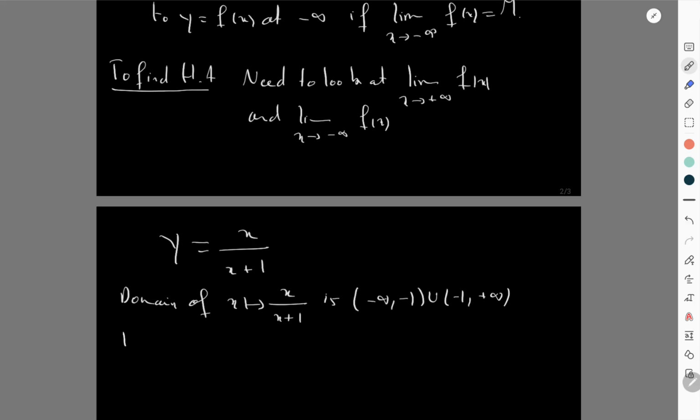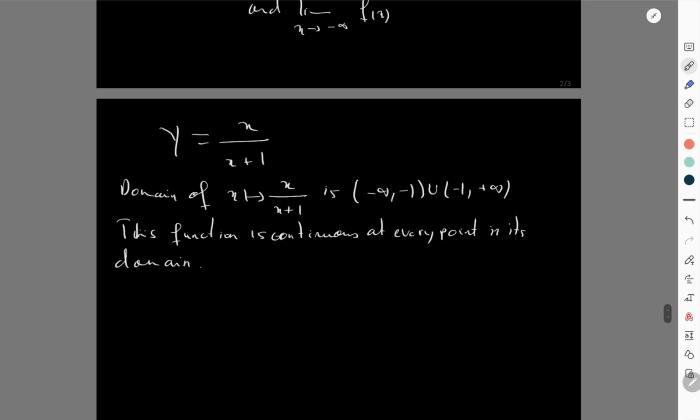And we know that this function is continuous at every point in its domain. So the only possible vertical asymptote is the line x equal minus 1. Let us check whether it's a vertical asymptote.